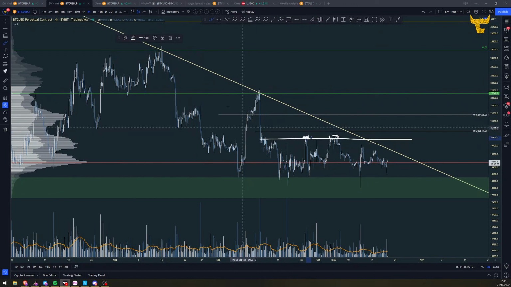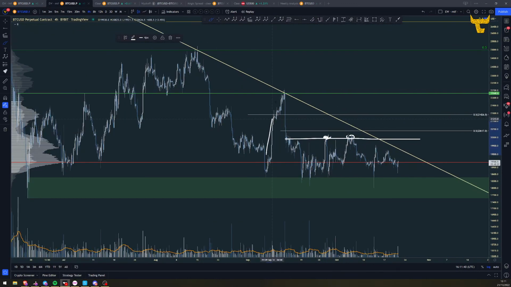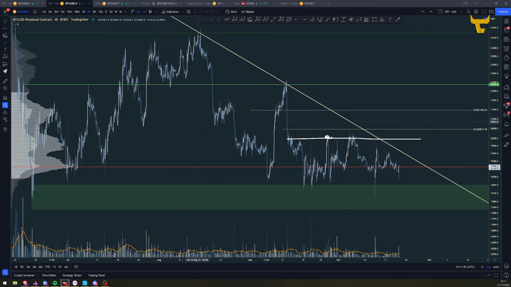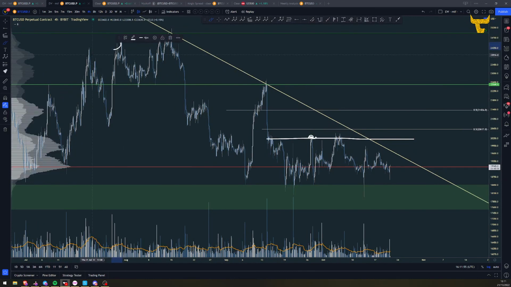But nonetheless, even here we changed the market structure. And here, and here, and here. We tend to spend much more time at the highs and the lows.